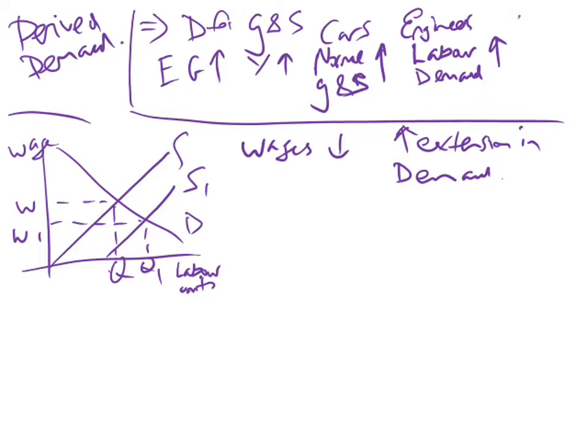So the derived demand itself would cause a shift in demand, but lower wages would allow a business to increase the demand along the demand line.